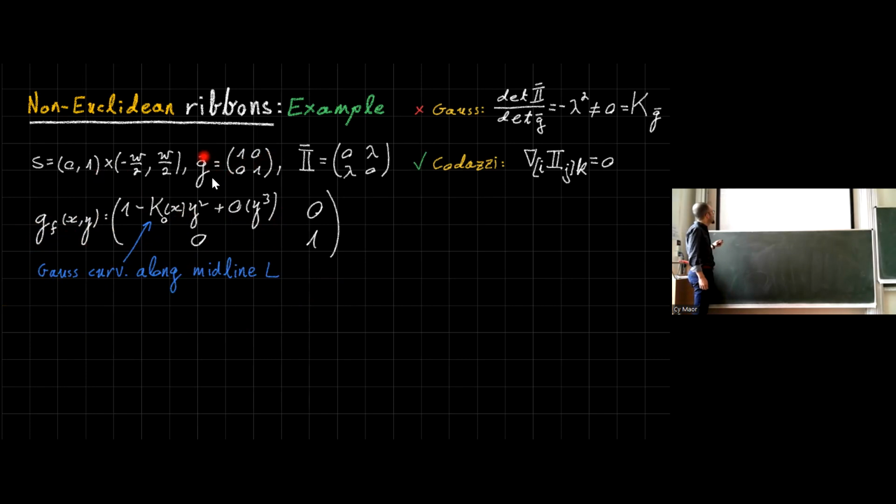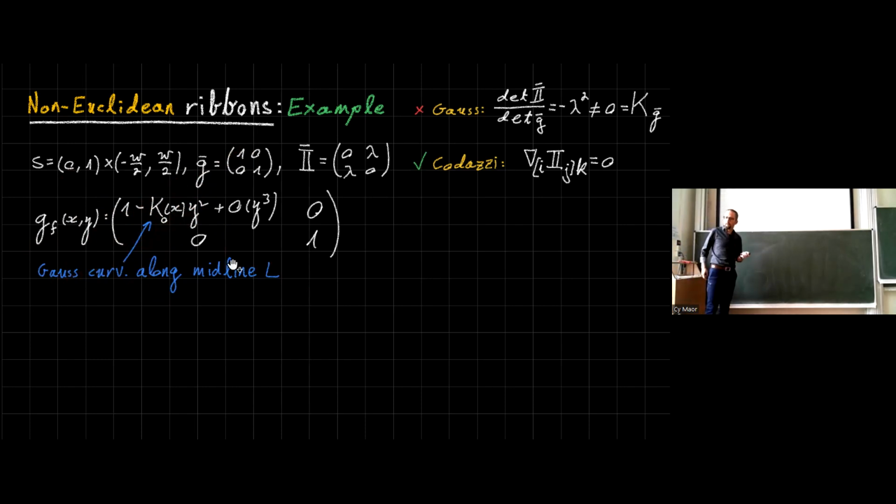It will look like G, and the only perturbation is in the 1-1 component, and the first correction would be of order y squared. Okay, you have G_F of x and y is the identity plus O of y squared, and this first order correction is the Gaussian curvature of G_F along the midline.